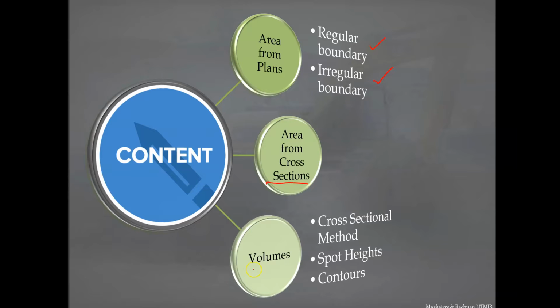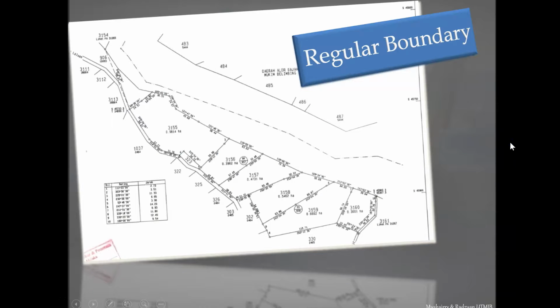And lastly, volume, we'll be looking at a few methods: mathematical methods, graphical methods and some simple straightforward methods. So basically we're looking at area from plan, area from cross section, and to use the info that we obtain from areas to come up with volume calculation.